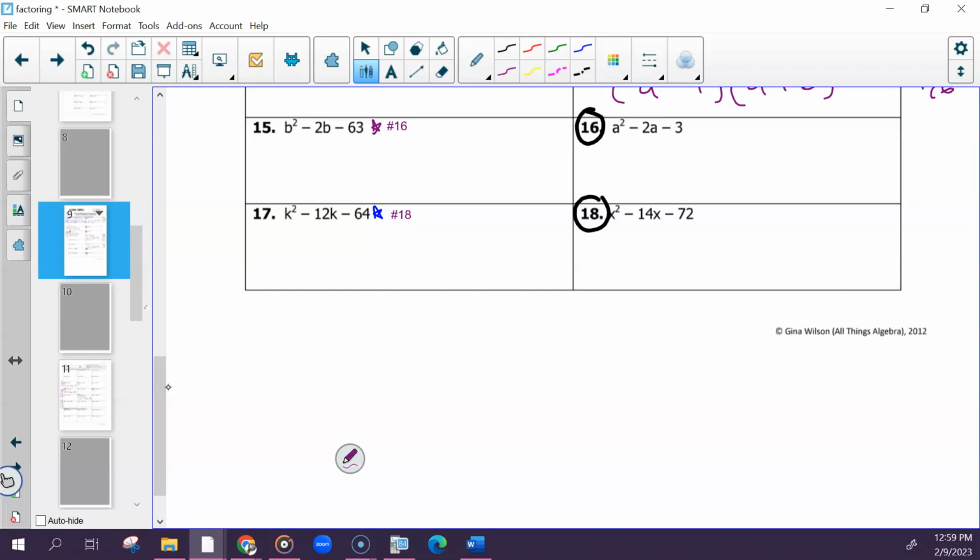18. Okay. So for 18, find factors of 72. So I'm not going to write them down this time. You think about the factors of 72. It's negative, so one of them has to be negative. And think about when you add them together, do they give you negative 14?